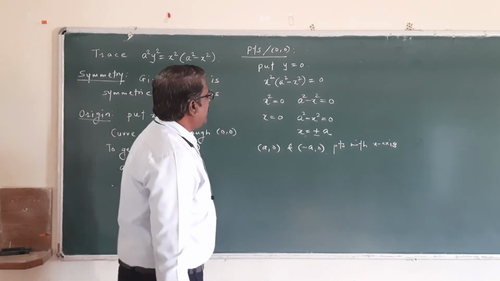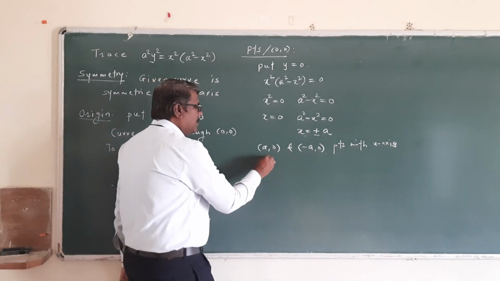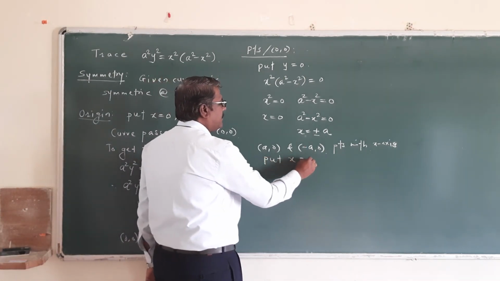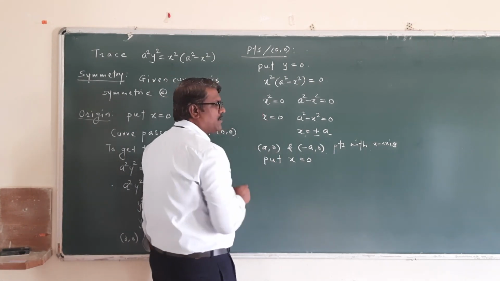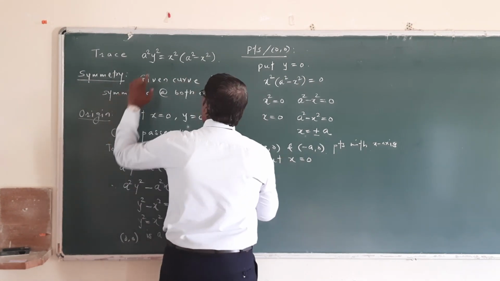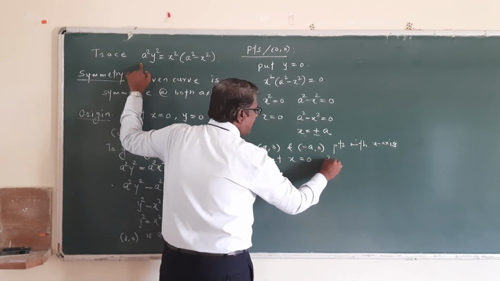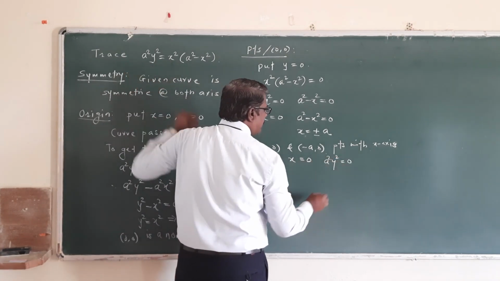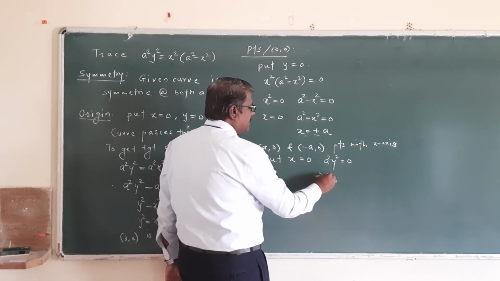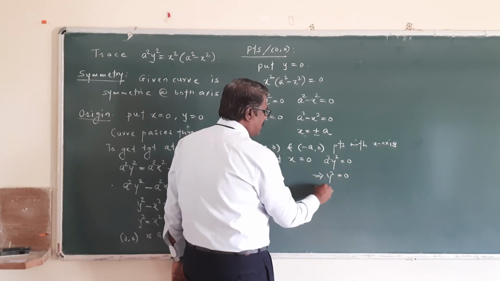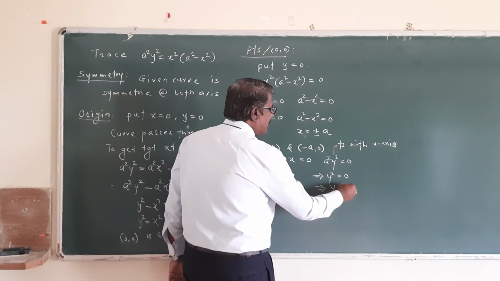Now to get points on the y-axis, we substitute x = 0 in the given equation. When x is 0, RHS is 0, and therefore a²y² = 0. This implies y² = 0, so y = 0.